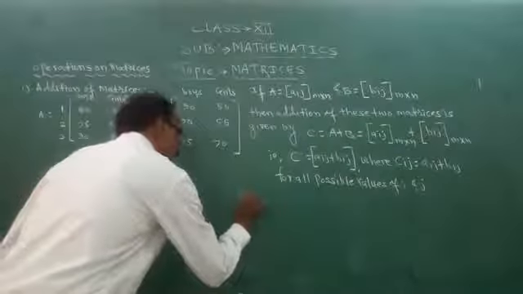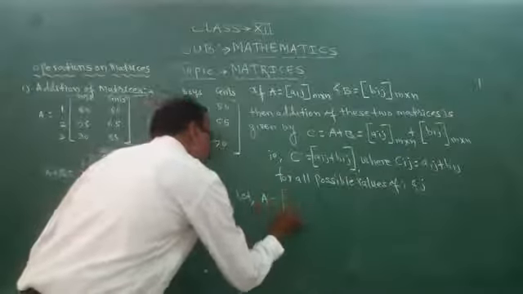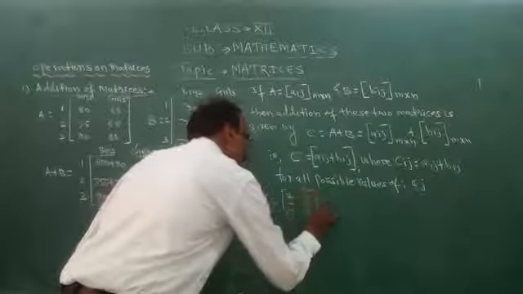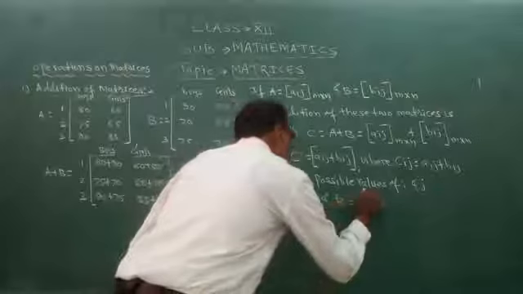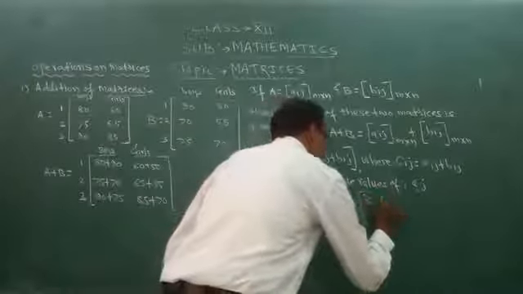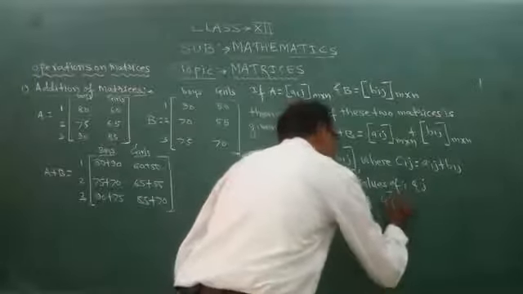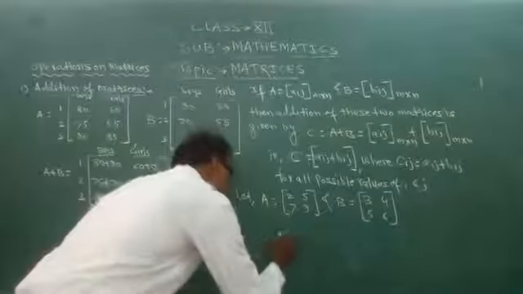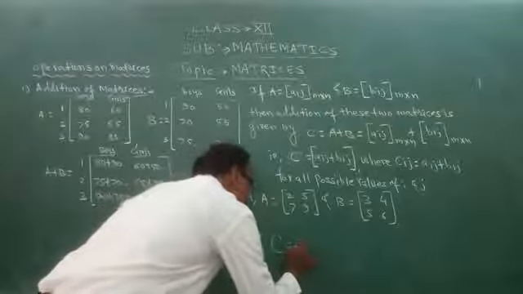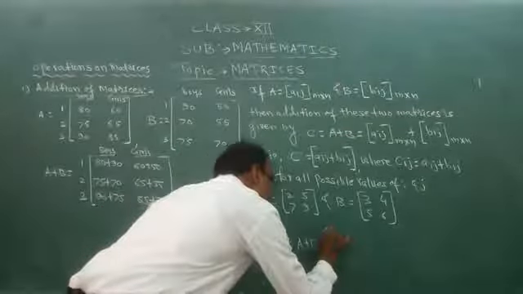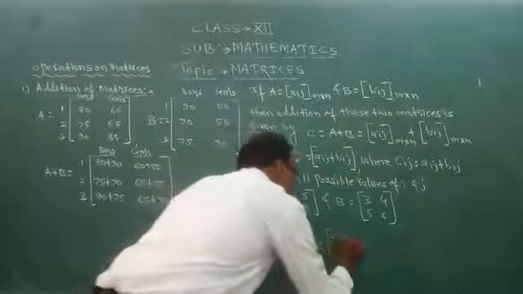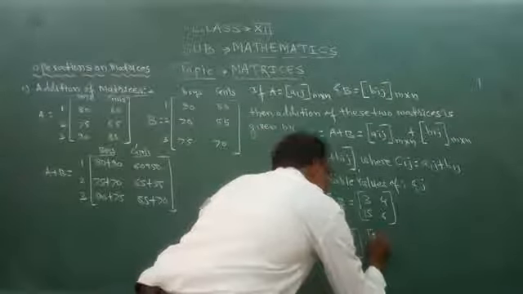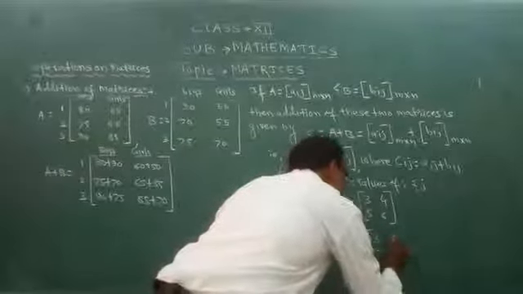Let us take an example. Let A is equal to [2, 5; 7, 9] and B is equal to [3, 4; 5, 6], and you have to add these two matrices. Then the addition of these two matrices, C, that is A plus B, means [2, 5; 7, 9] plus [3, 4; 5, 6].